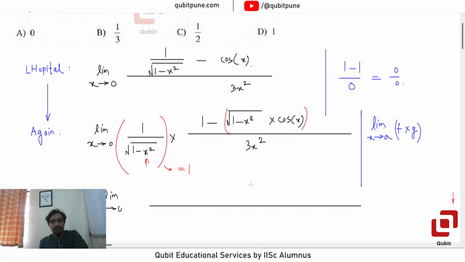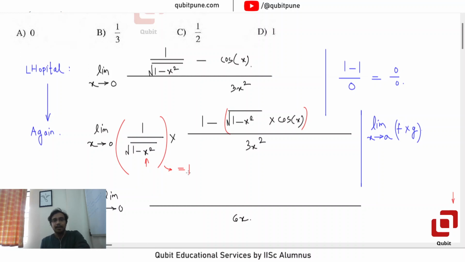So what is the derivative of 3x squared now? It will be 6x. And let's now go for the derivatives here. Although we didn't check it for 0 by 0 form, it is indeed 0 by 0 because this is again 1 and this is cos of 0, so that is also 1.